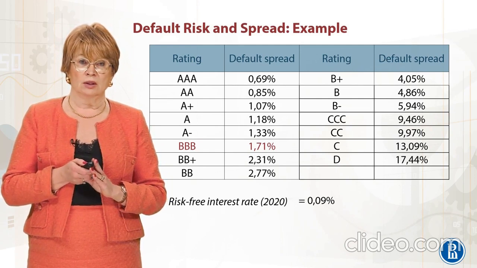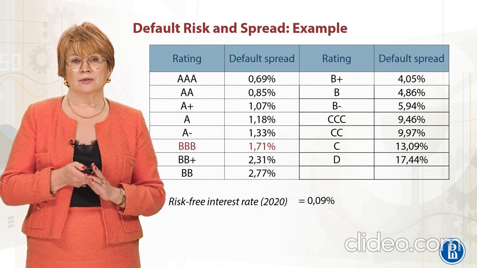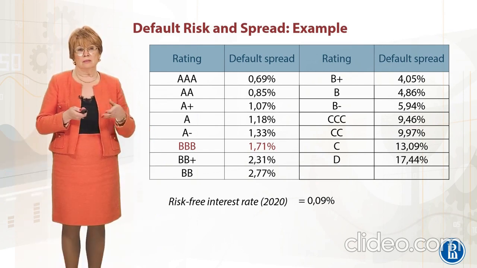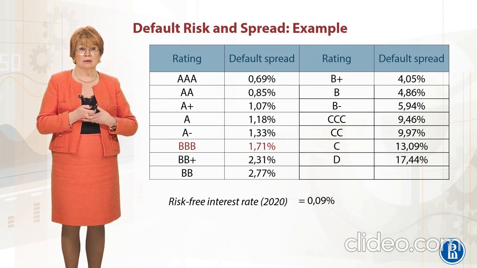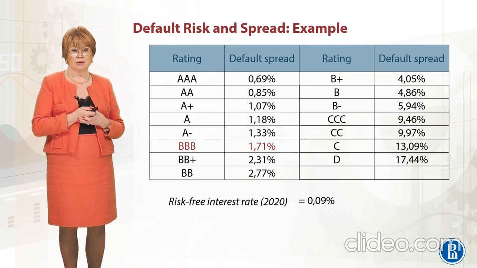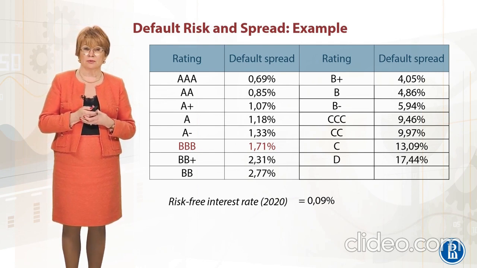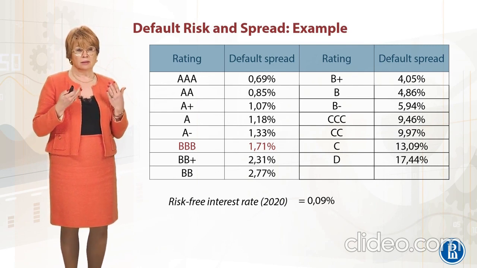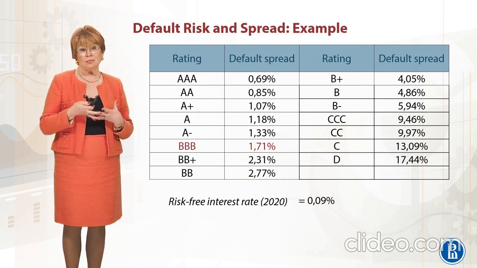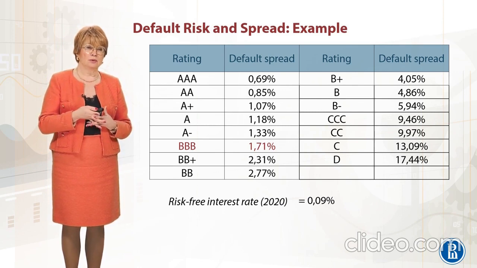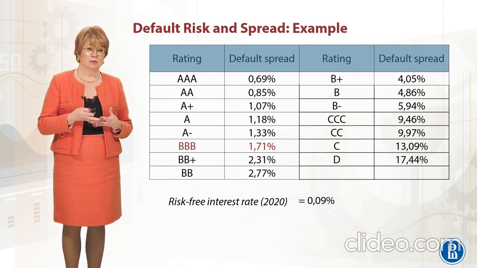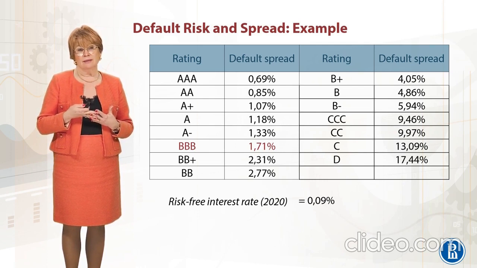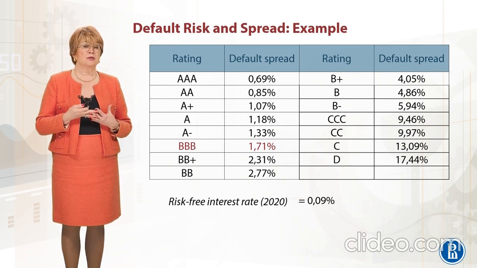You may see that the lower the rating, let's say below BBB, these are not investment grade ratings, the higher the default spread, which, remember, is the difference observed historically between the actual rate of return on corporate bonds of particular companies within a particular rating group minus the risk-free interest rate or risk-free treasury bond rate.